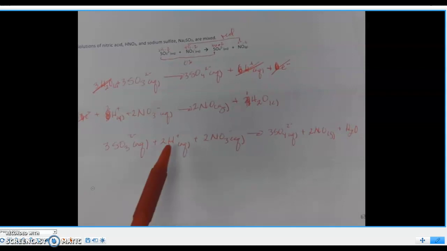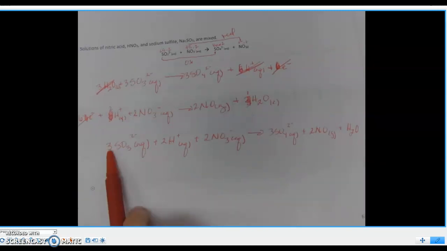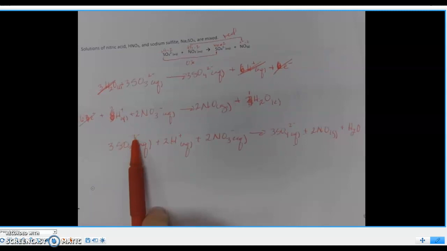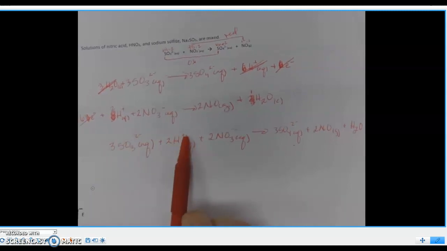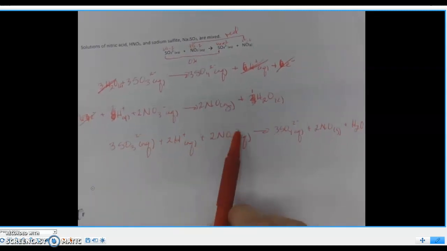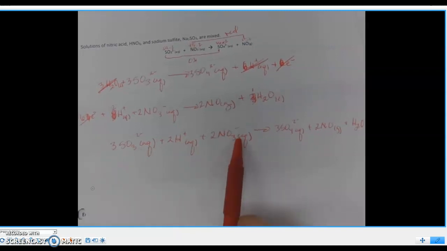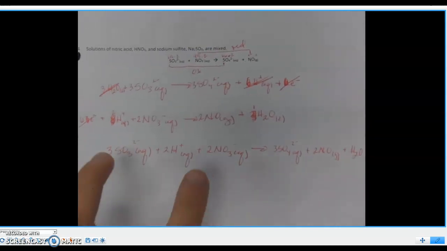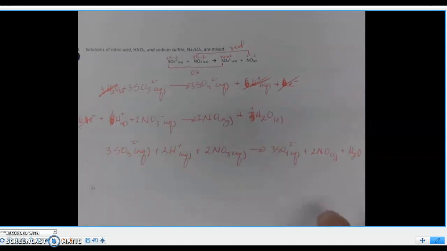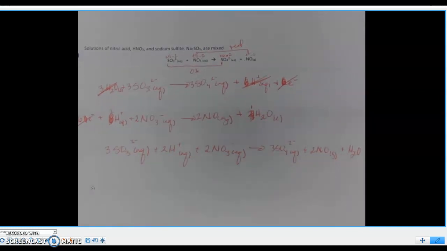We have 2 hydrogens, 2 hydrogens, 2 nitrogens, 2 nitrogens, and then we already looked at oxygen. So balanced atoms. Then there's 3 minus 2 things, so minus 6, plus 2 more positives, and then 2 more negatives. So it looks like we got a minus 6 over here. And then we have 3 minus 2 things, so minus 6, neutral, neutral. So our charge is balanced as well. The reactant side is a minus 6, and the product side is a minus 6.